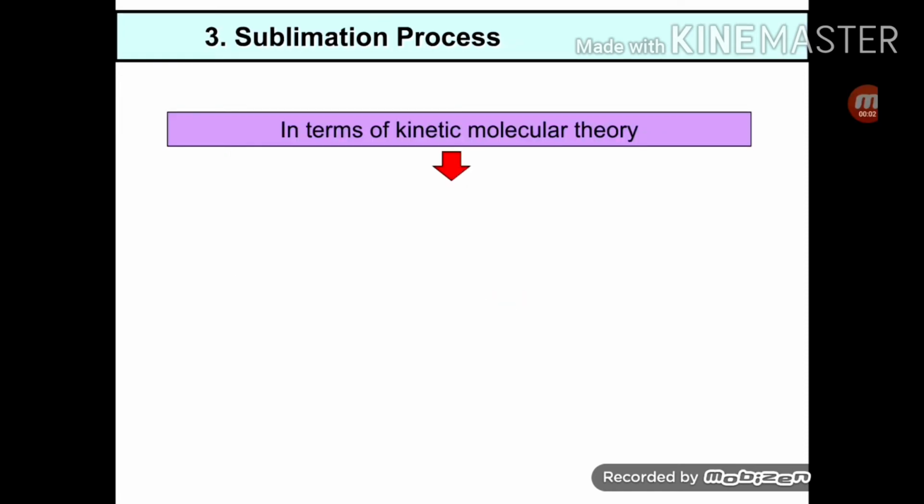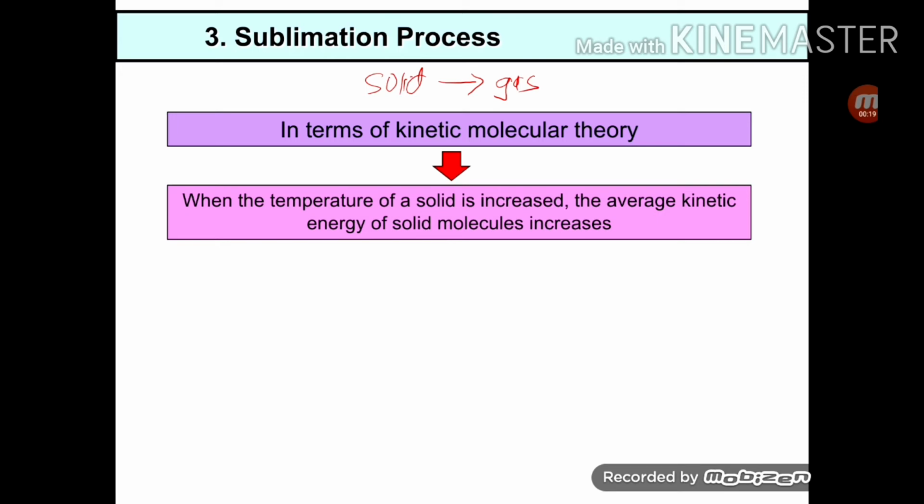Sublimation process. The sublimation process involves transition from solid to gas. In terms of kinetic molecular theory, when the temperature of a solid increases, the average kinetic energy of the solid molecules increases.